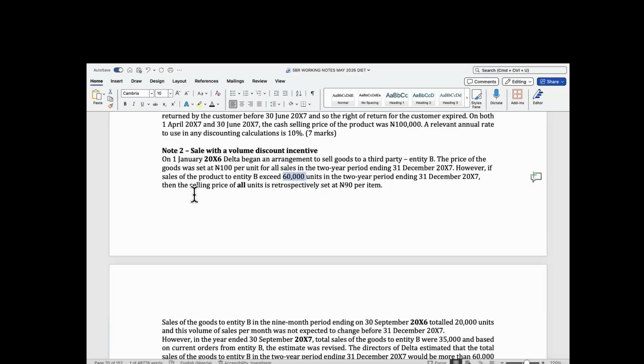So if the customer buys goods of over 60,000 cumulatively over 2 years, then all the goods he will buy going forward, including the ones he has bought, will be sold at 90, meaning that the seller might be returning some money to the customer.